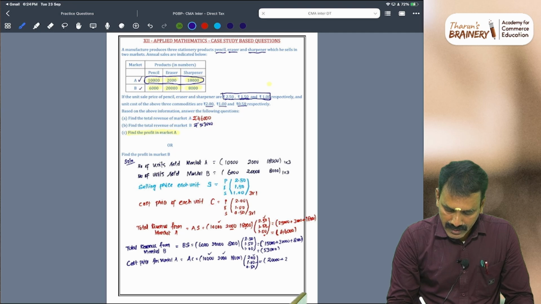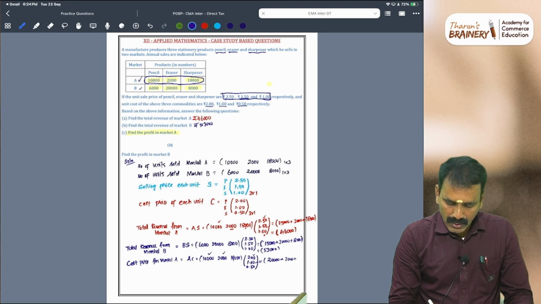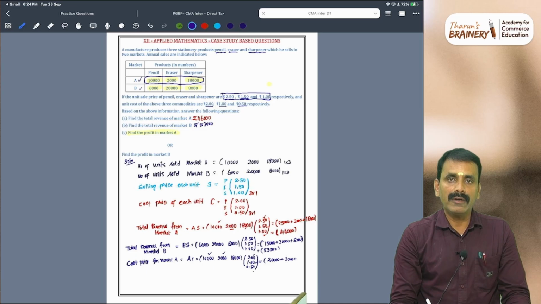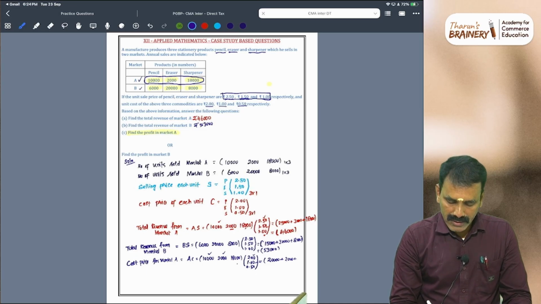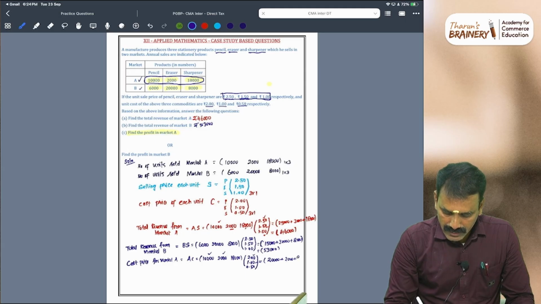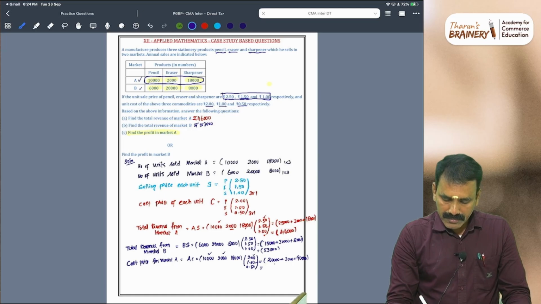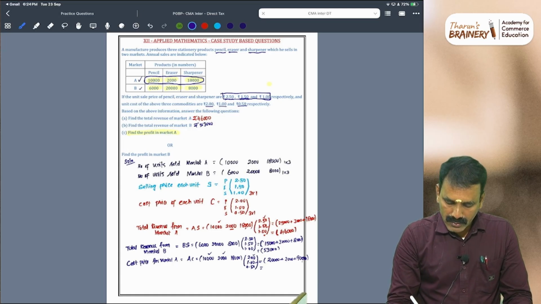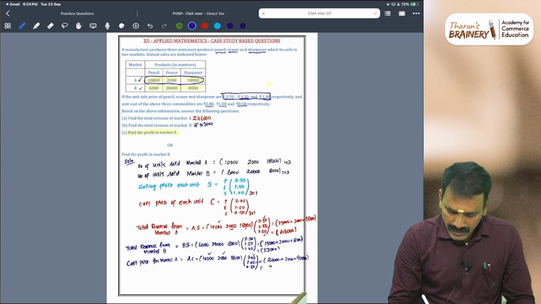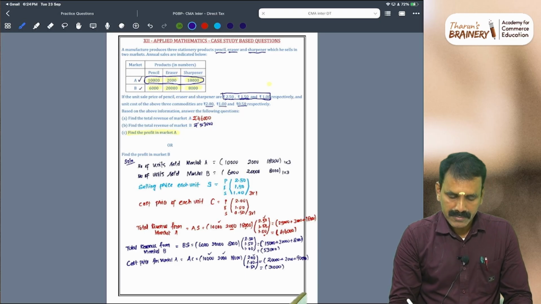It is going to be 2,000 plus 18,000 is multiplied with 0.50. So it is going to be 9,000. So we are going to add. So 20,000 plus 2,000, 22,000, 22,000 plus 9,000. It is going to be 30,000 rupees, going to be the cost price.